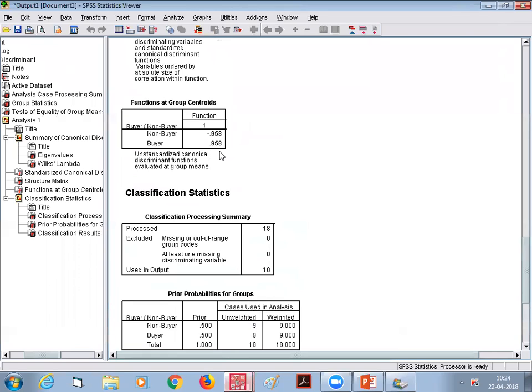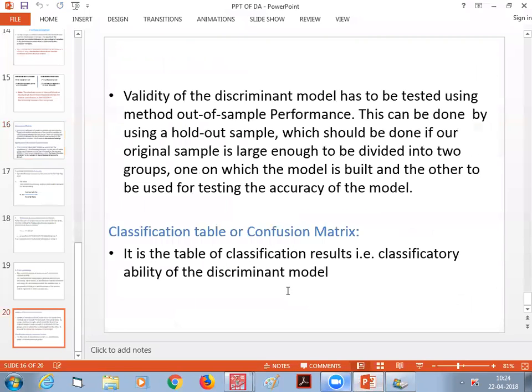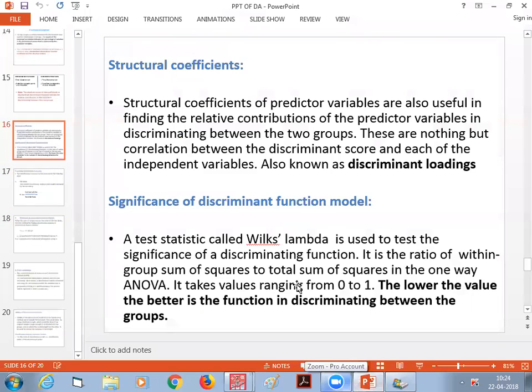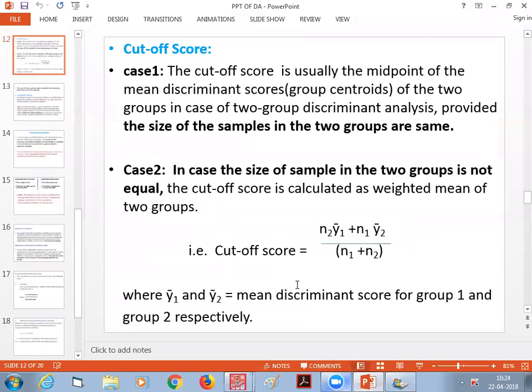So when you take the average of these two numbers, it comes to 0. That is the cutoff score, a function of the group centroids. So I have told you how to go for the cutoff value. If you have different sample sizes in the two groups, then this should be the cutoff score.